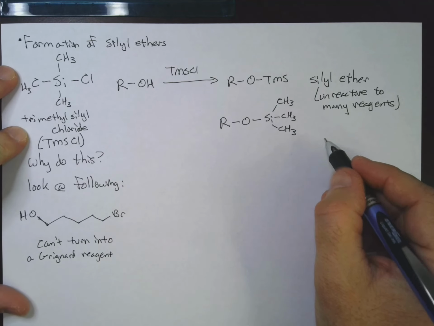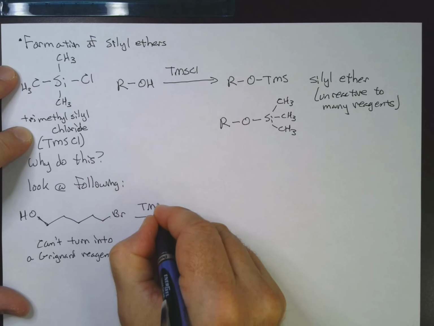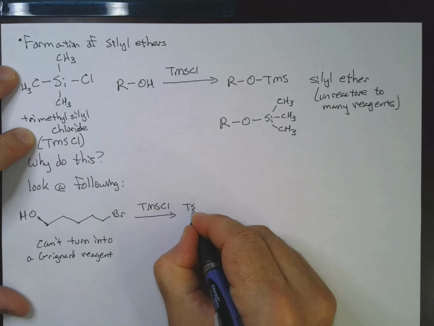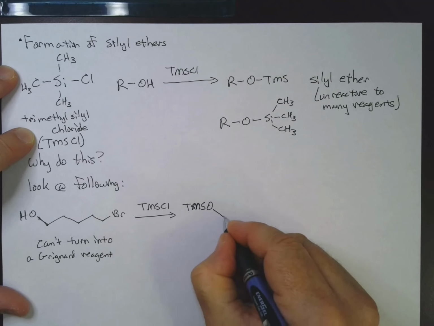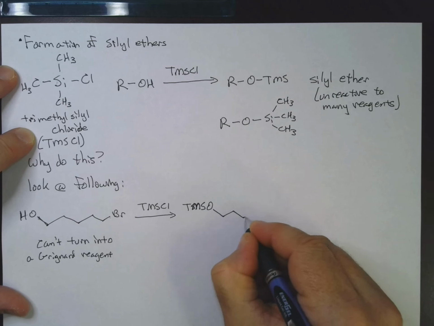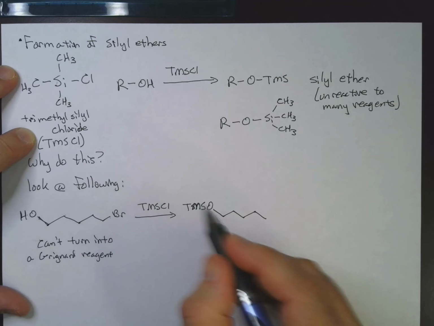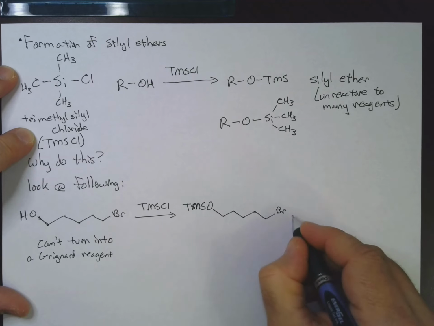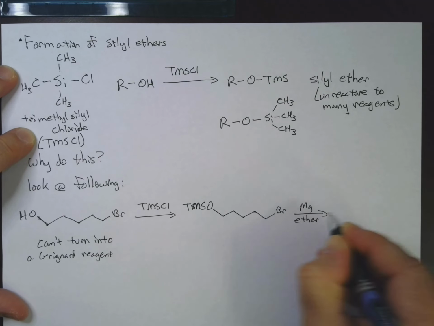So what do we need to do? TMSCl. And now I can do Mg in ether.